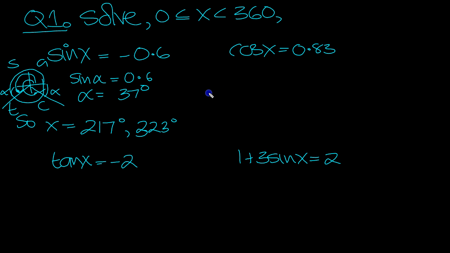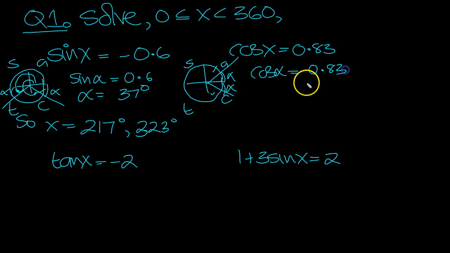Next one, so let's draw a picture. CAST. Cos is positive here and here, so mark those off. Draw two lines, mark the alpha, the associated acute angle to the horizontal, and write cos alpha and drop the negative.